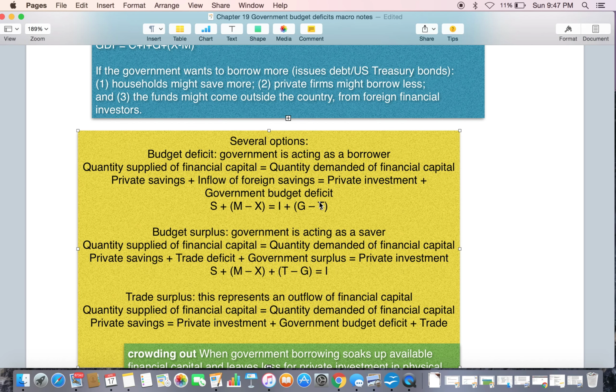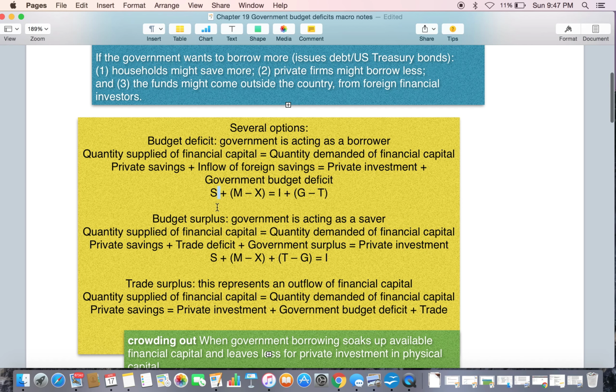So our identity becomes the quantity supplied of financial capital is all of the savings that is done by households, so private savings. Any inflow of foreign savings, so the inflow of foreign savings means that we're running a trade deficit. And the demand for financial capital is now coming from businesses. So this is private investment that is done by businesses.